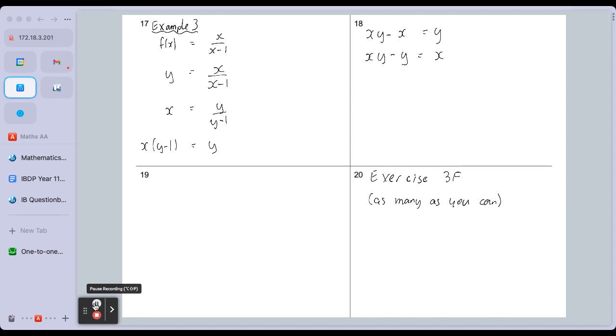Next step is I've got a common factor of y here, so I can factor that out, which is good, because now I should be able to move on to the conclusion. Give everyone a second to do that.